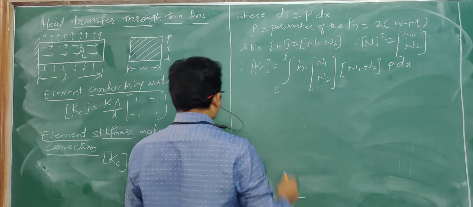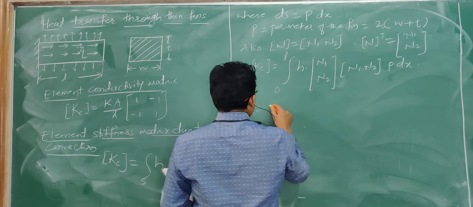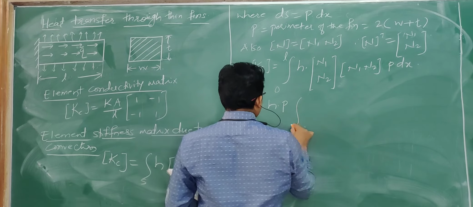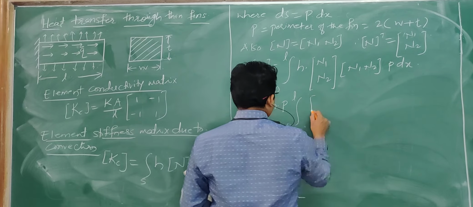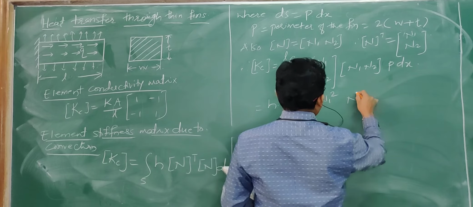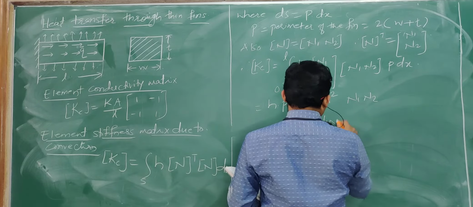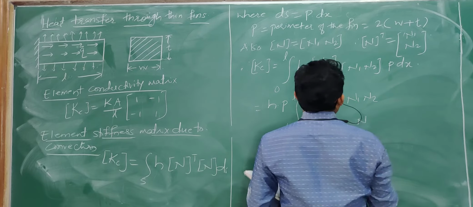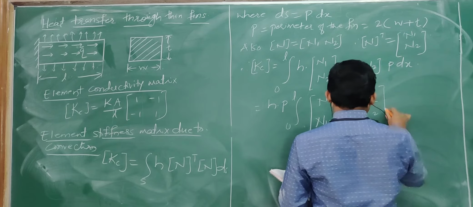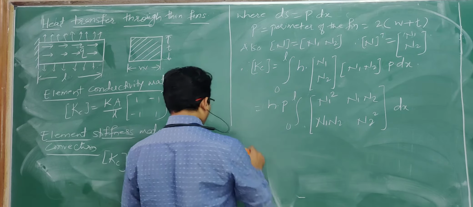I'll multiply these matrices and take h and p outside. So integral from 0 to L of the matrix [N1 square, N1 N2; N1 N2, N2 square] dx.